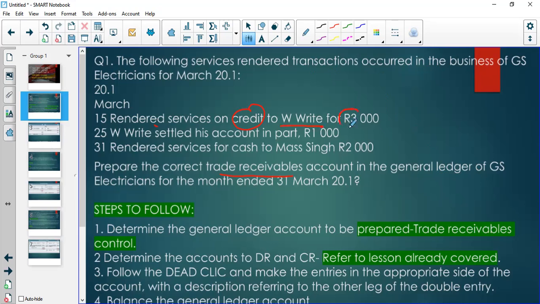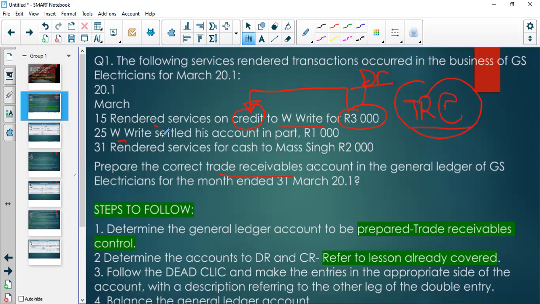So we charged W Right 3,000, but this guy didn't pay immediately. So obviously that's a trade receivables control transaction. So we have to, because it's increasing, all right, we have to record this, and it is going to increase our trade receivables. All right, so it's going to be an asset. Trade receivables control is an asset. So this will be an entry on the debit side.